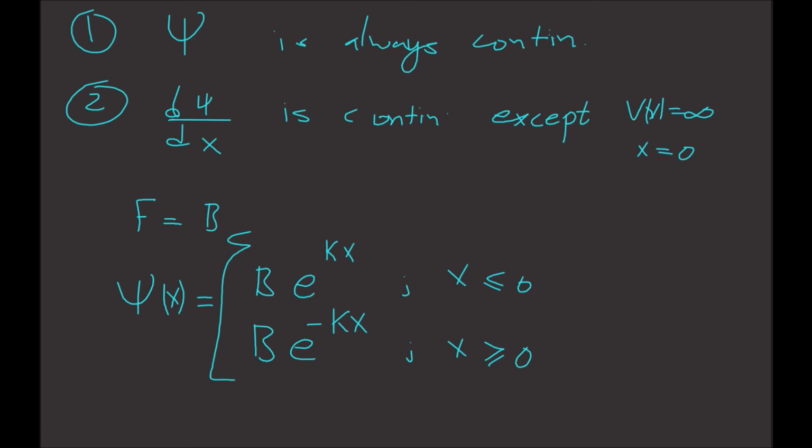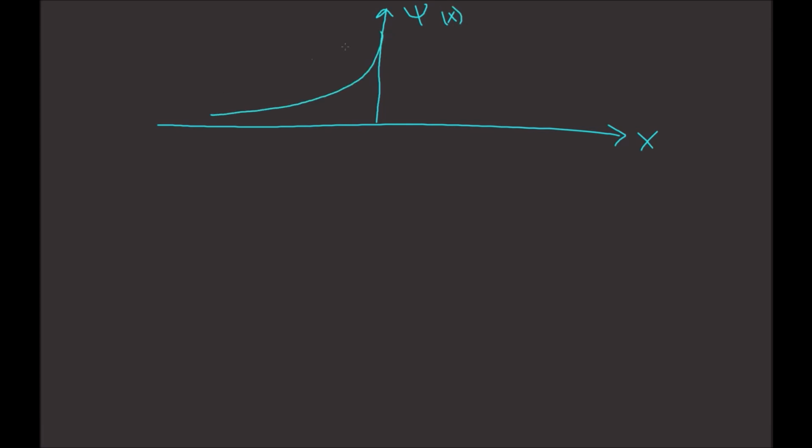So with this being said, if we just want to plot this function here, the psi function, we will get something like that. So this is our x coordinate. This is psi of x, and our wave function is going to look something like that, right?